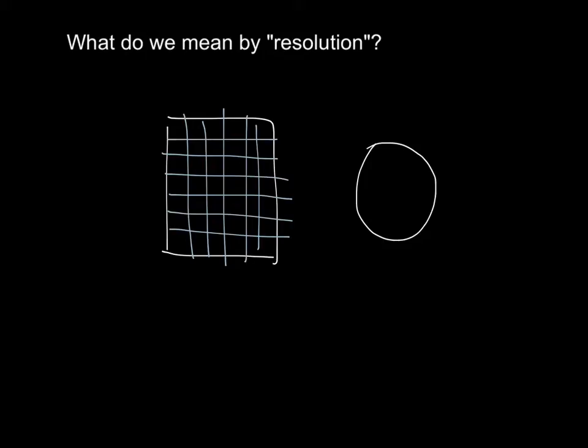I'm going to see something like this. So I have to color this in, color this in, color this in, and so on. I'm going to see something that kind of resembles a circle, but it's not really a circle, because my screen is not able to represent this smooth line. There aren't enough points to do so.